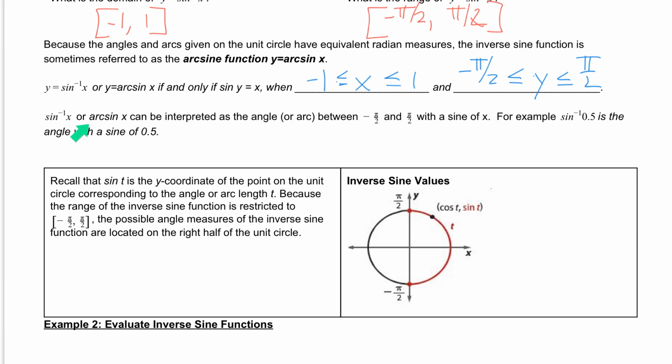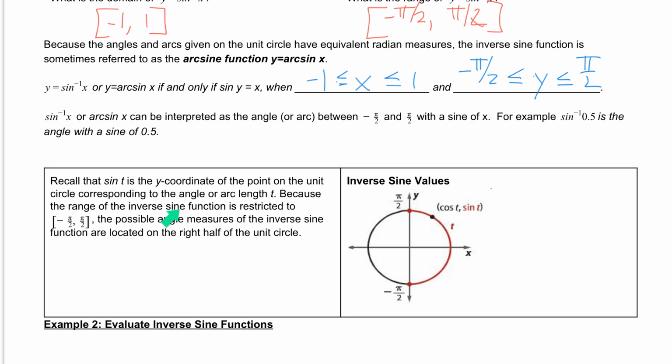The sine inverse or the arc sine can be interpreted as the angle or arc between negative pi over 2 and pi over 2 with a sine of x. For example, the sine inverse of 0.5 is the angle with the sine of 0.5. Moving to the box below, recall that sine of t is the y-coordinate of the point on the unit circle corresponding to the angle or arc length t.